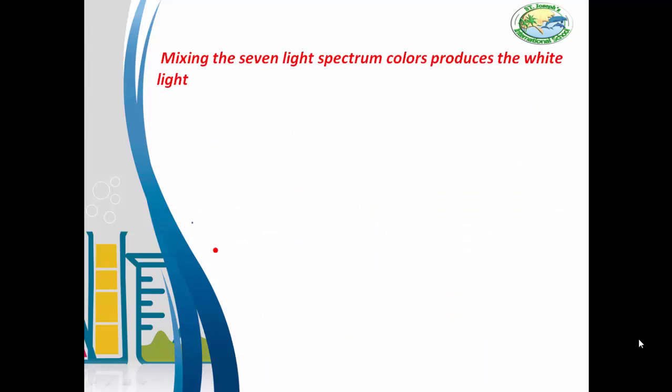First, mixing the 7 spectrum colors produces white light. If we make a disc like this and we divide it into 7 equal parts and color the 7 parts with the 7 spectrum colors in the same order: red, orange, yellow, green, blue, indigo, violet.